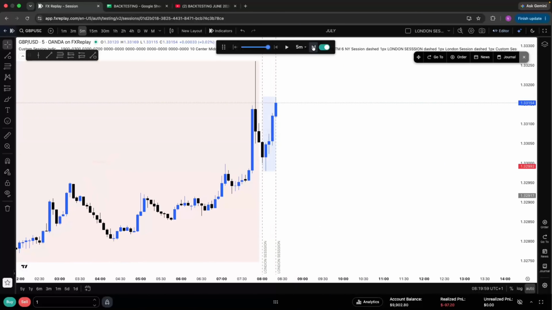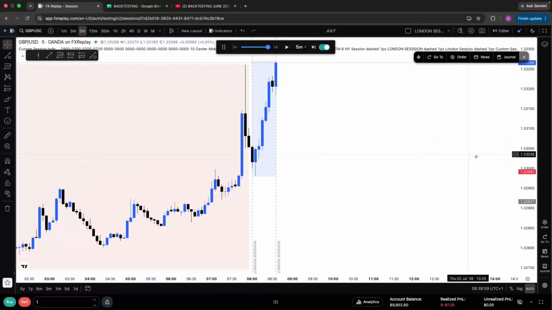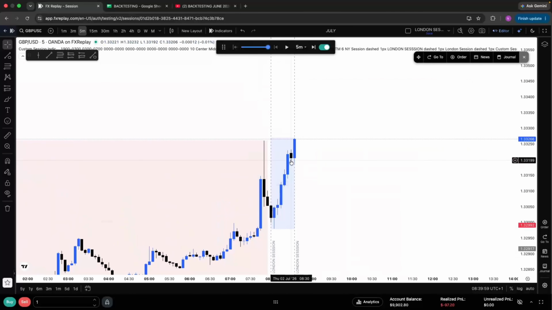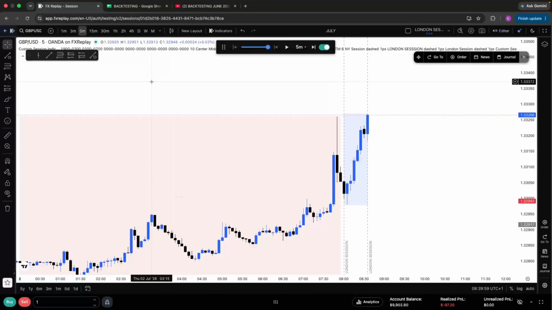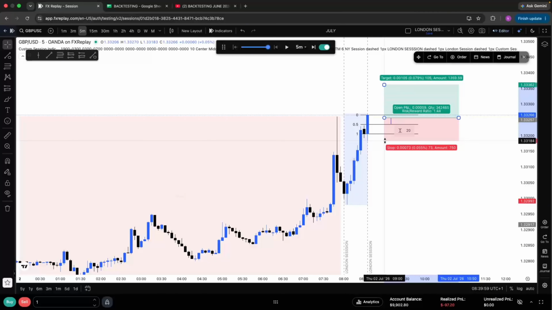750. Break of structure to the upside. Break of structure to the upside again. Yeah, that's a break. 73, 93.